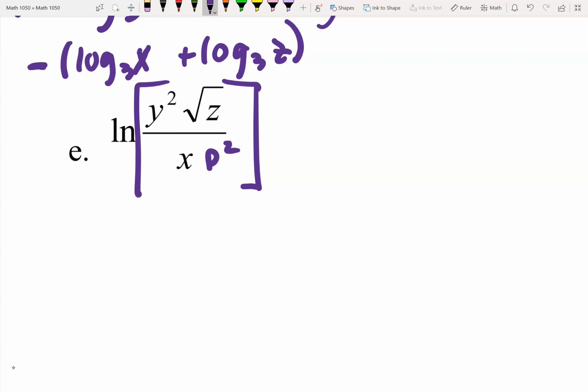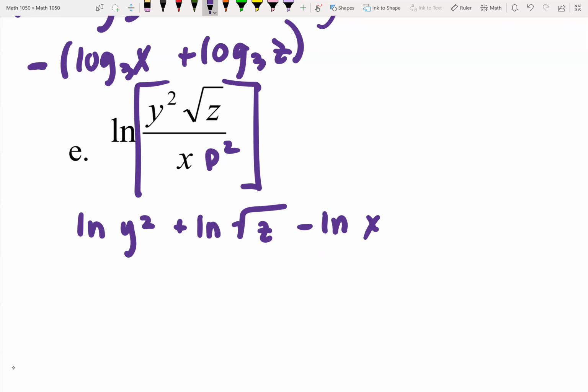Top positive, bottom negative. So let's go ln y squared plus ln square root of z minus ln x minus ln p squared. Take your eraser, get rid of the square root of z, get rid of that square root all around the z, and write it as a z to the, tell me what that is, 1/2.